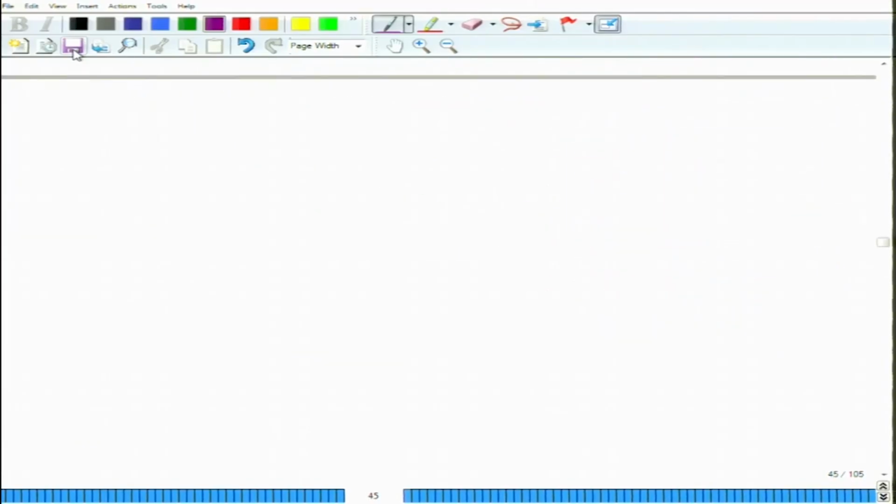Now let me describe this process pictorially.